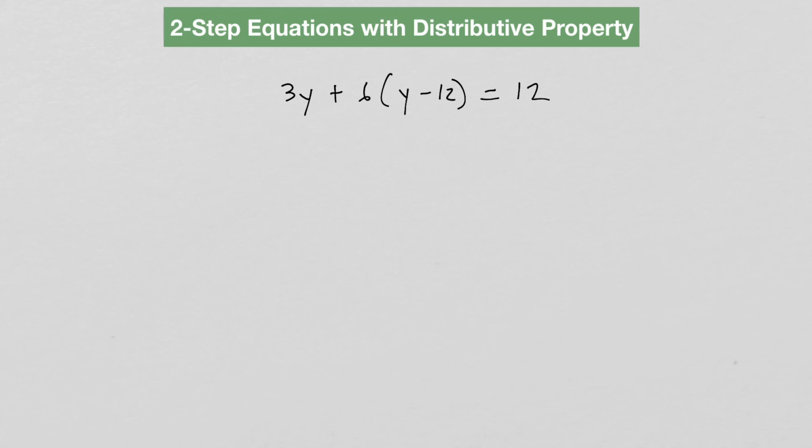The first thing to do here is we're going to have to take care of this part of the equation and we have to distribute. What we get is 3y plus 6y minus 72 is equal to 12. Now we've got to combine these like terms, 3y and 6y, and we get 9y minus 72 is equal to 12.